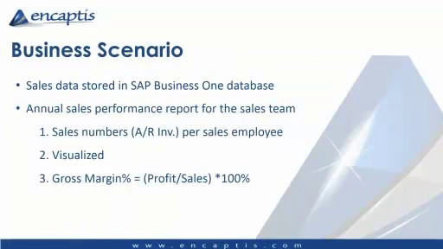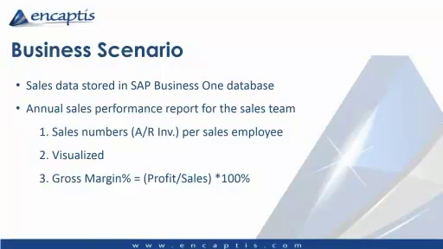Sorry. So this is our business scenario created for the report today. The numbers are stored in our SAP Business One database, and the sales manager wants to have an annual sales performance report for the sales team, and he wants to evaluate the sales performance by looking at the total sales numbers from the AR invoices, and he also wants to have the numbers broken down by each sales employee, and the report is visualized with graphics.